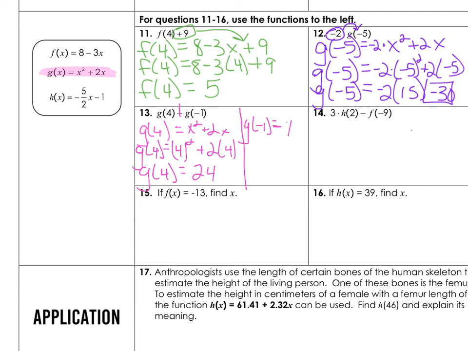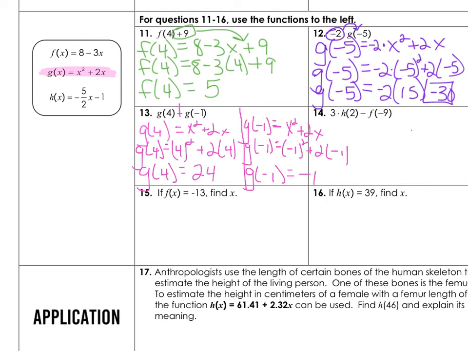So I have x squared plus 2x. Watch your parentheses here. And when I evaluate that, I get negative 1.